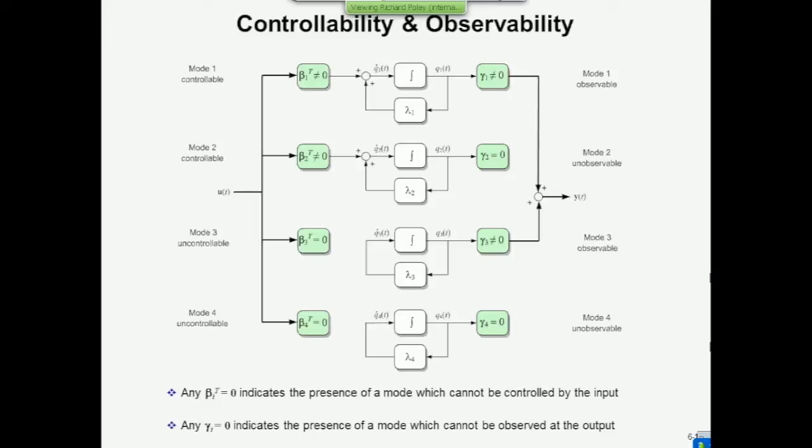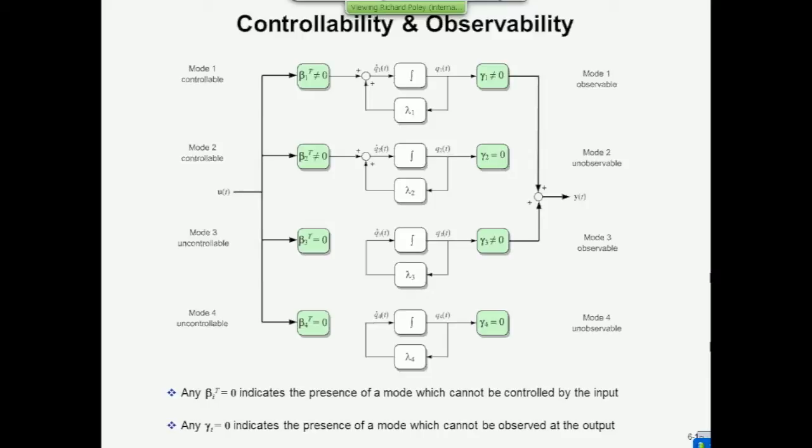Now, where the corresponding row of W-1V, so that B_i transpose is non-zero, and gamma_i is non-zero, obviously that mode is coupled through. So you could say that because the input is coupled to that mode, I can influence that mode by influencing the inputs. Therefore, that mode is said to be controllable.